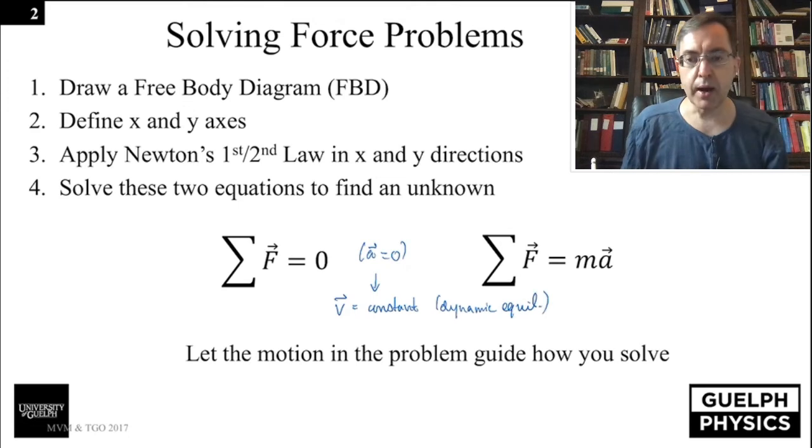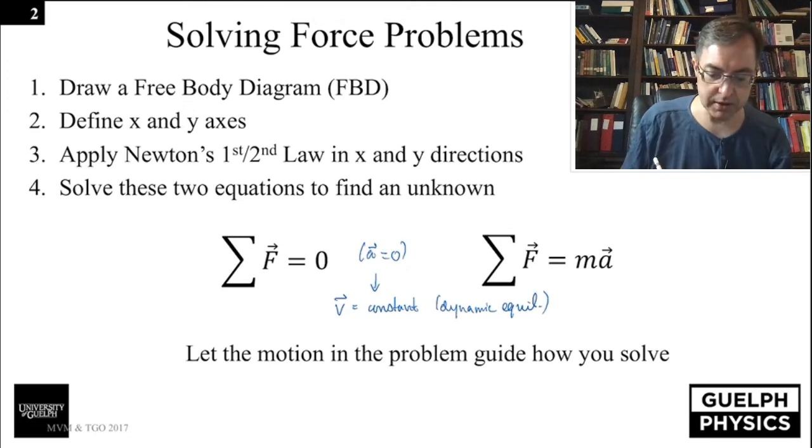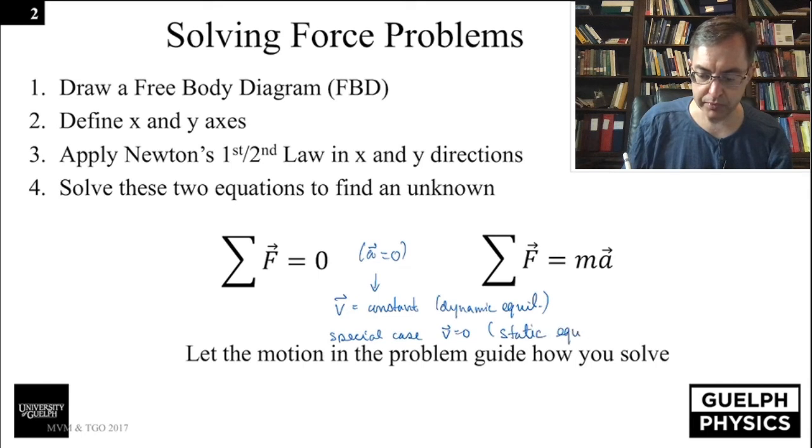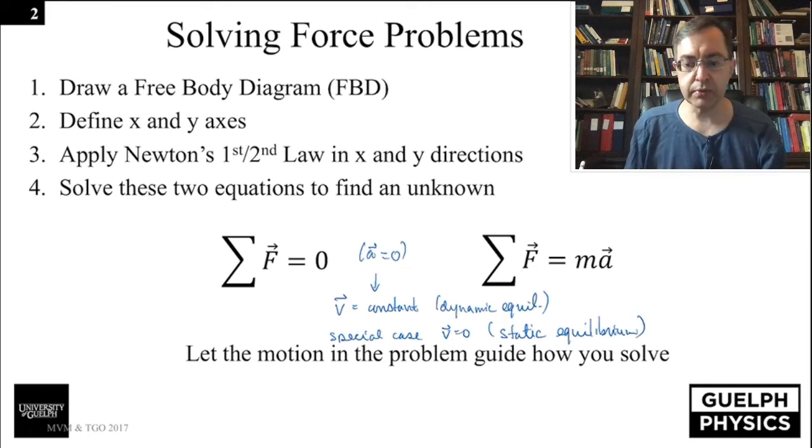But if the constant is actually 0, that's a special case. When the velocity is 0, that's what we'll call static equilibrium. Okay, so that's for 0 acceleration.